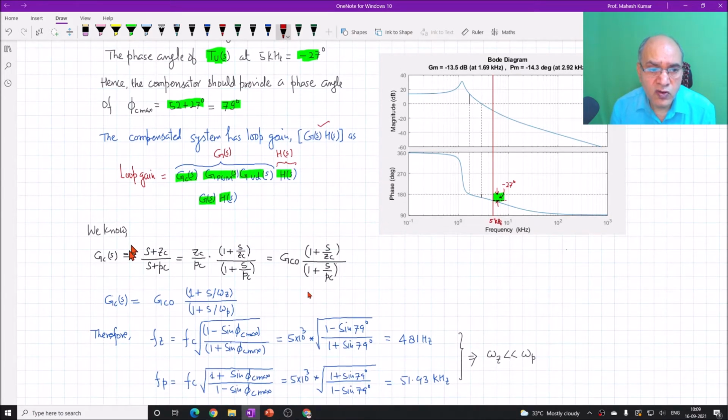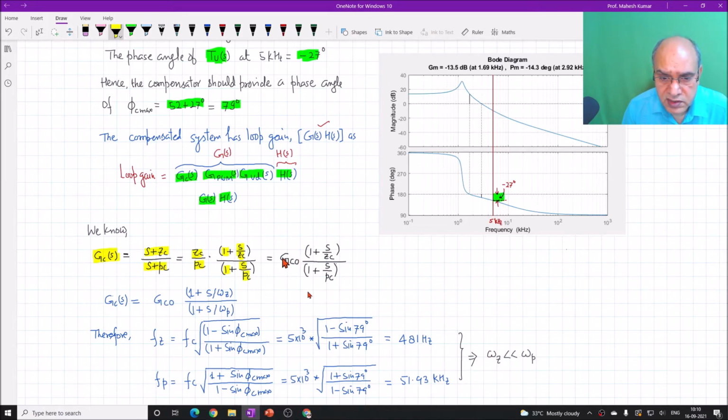Okay, so let us go further for the design aspects of the lead compensator as we have derived earlier. This is the transfer function for the lead compensator in the S domain, which is (S plus ZC) over (S plus PC). You can take common ZC and PC outside, then we will get (1 plus S by ZC) divided by (1 plus S by PC).